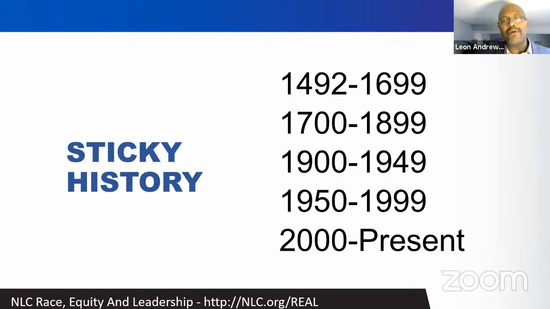This is not one to call you out individually, but we wanted to go back to using the annotated feature. We're going to organize some examples of our history, policy, and moments in our history that fall into one of these 5 periods. As you can see, we have a pretty broad range of periods here, from 1492 to 1699, from 1700 to 1899.